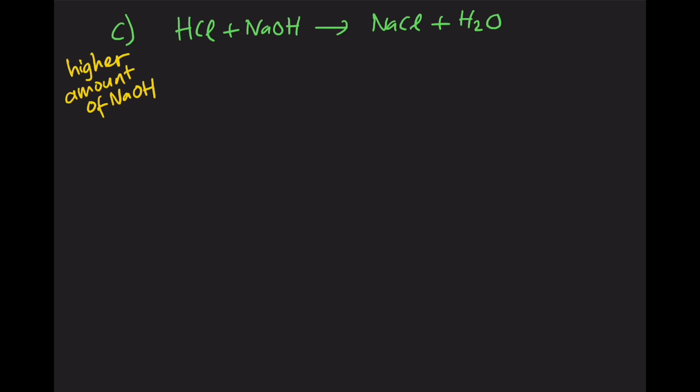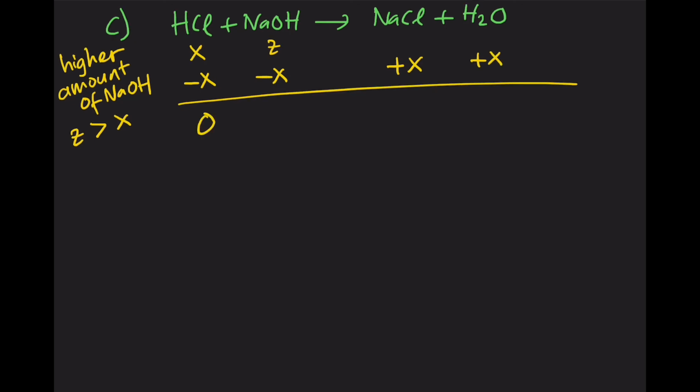So if we have x here and z here, for instance, z is bigger than x, so this is minus x plus x plus x. So we'll get 0. So the HCl is now the one that is being consumed. We'll have this mole of NaOH, this is the salt, and that is the water.